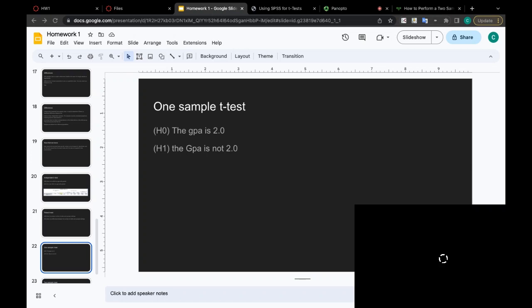N, the number of GPA entries, is 38. You already know this. So everything adds up to 38, at least in the test. Standard error. Here's our t-score, and this is our degrees of freedom.